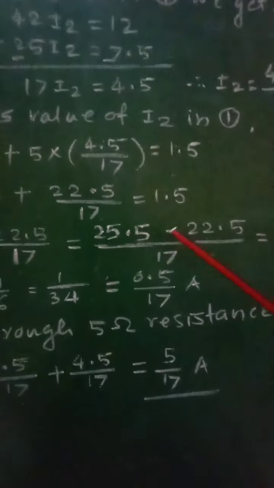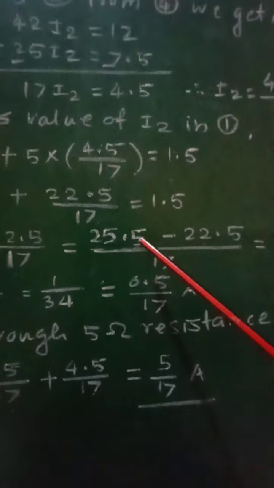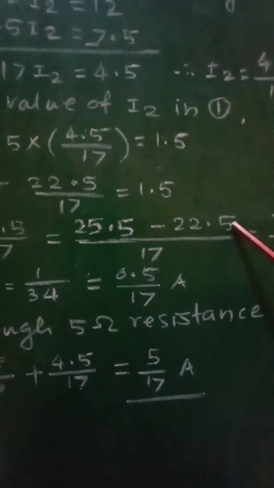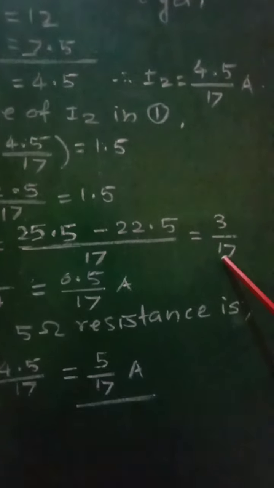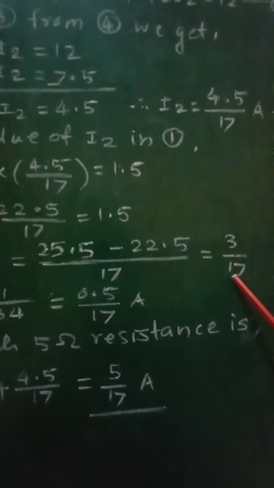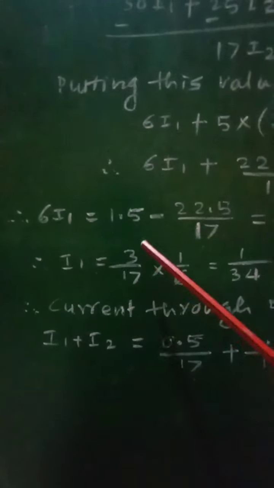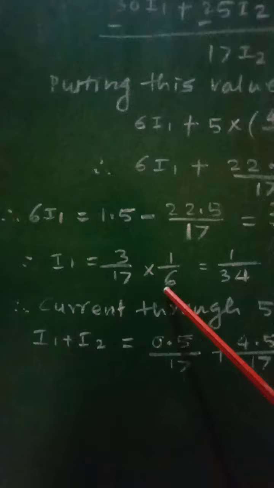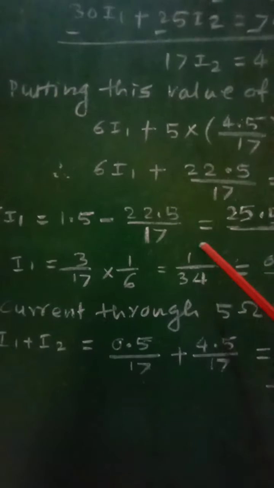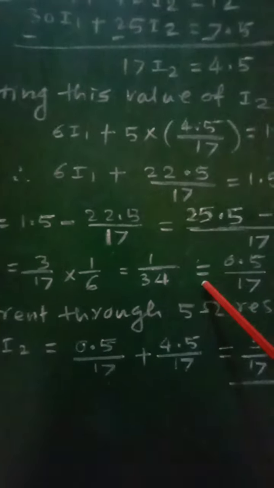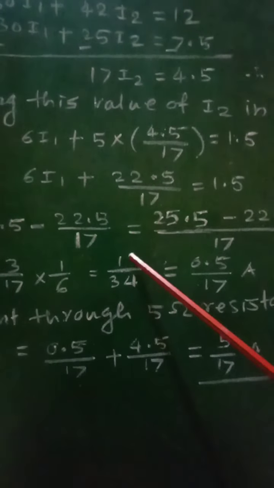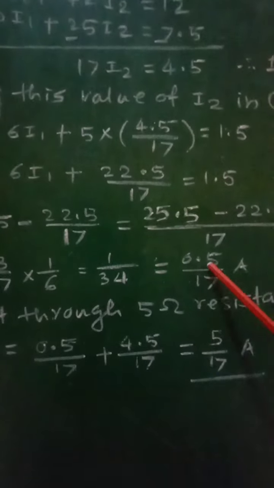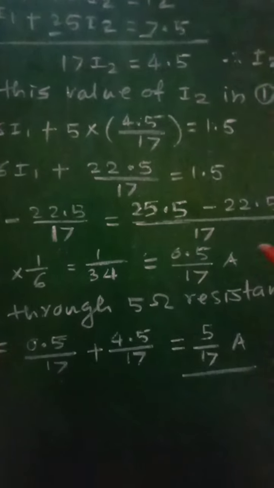By taking cross multiplication we will get 25.5 minus 22.5 upon 17, which comes out to be 3 by 17, and therefore as 6 I1 is equal to 3 by 17, therefore I1 will be equal to 3 by 17 into 1 by 6, which comes out to be 1 by 34, which will be written as 0.5 upon 17. Dividing both by 2, we will get 0.5 upon 17 ampere.